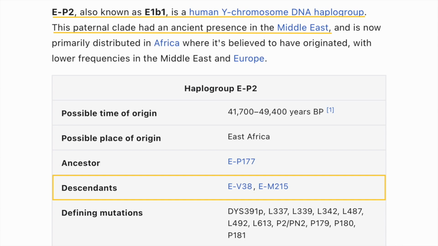E-P2, also known as E1B1, is a human Y-chromosome DNA haplogroup. This paternal lineage has an ancient presence in the Middle East.